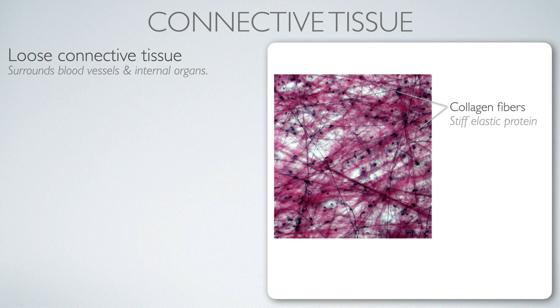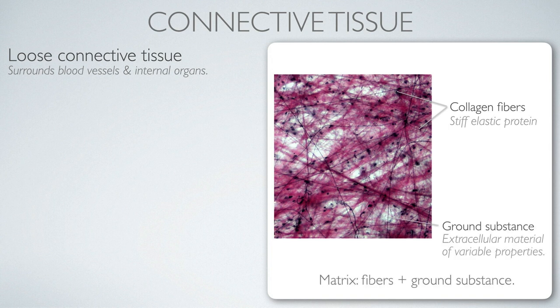And among or around those elastic proteins is a ground substance. In the case of this loose connective tissue, you can think of that ground substance as having a gel-like, gelatinous property, kind of a squishy material, but it provides some shock absorption and some structural integrity around the collagen fibers.